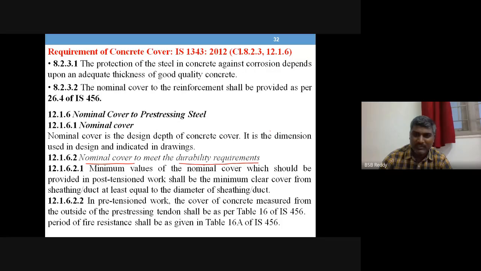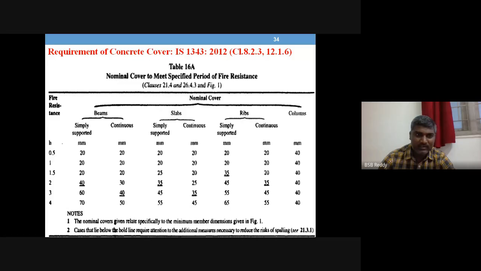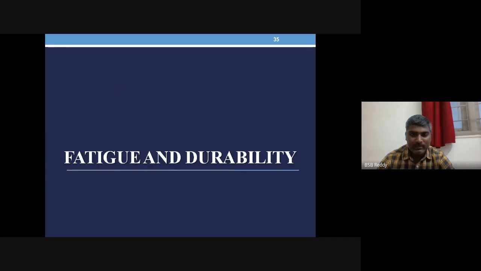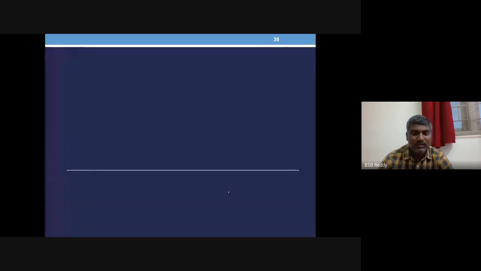These two aspects are given in tabular values, where Table 16 and Table 16A talk about these two. Durability is like exposure, and fire resistance is like the number of hours that it can resist when a fire breaks out. The additional properties like fatigue and durability were also discussed in the very last session. With that, we closed the last session.